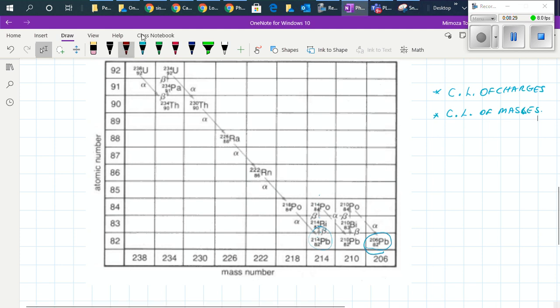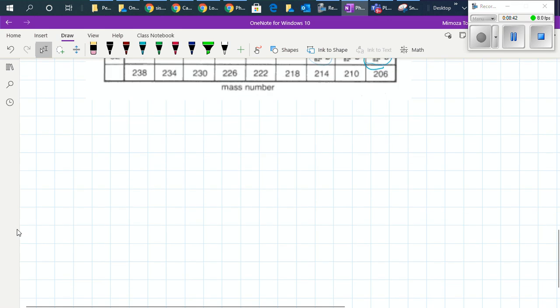So we start with uranium and end with Pb, a stable isotope.